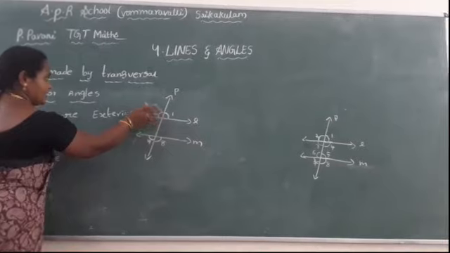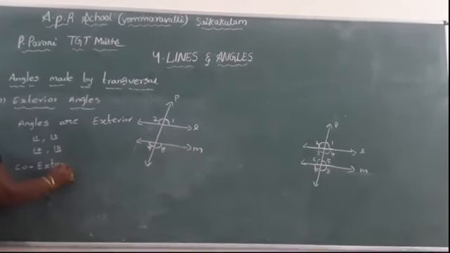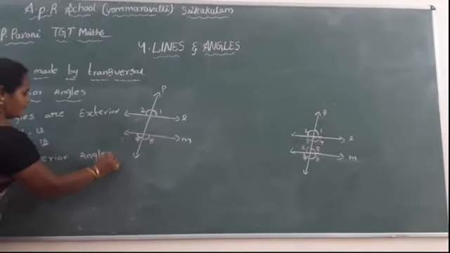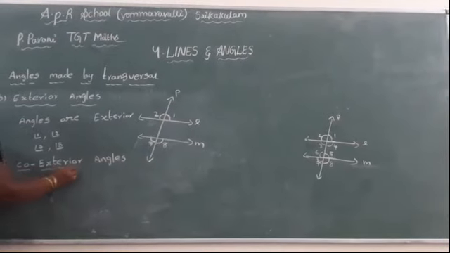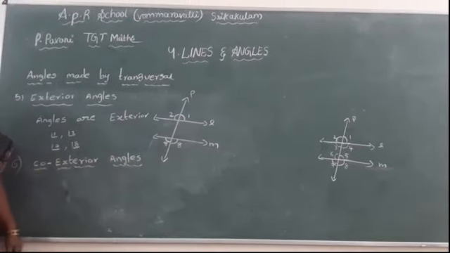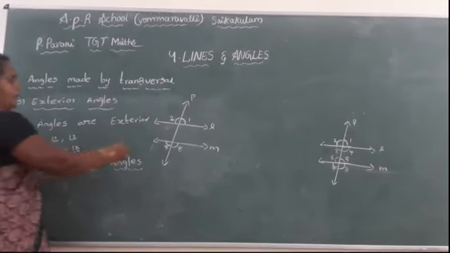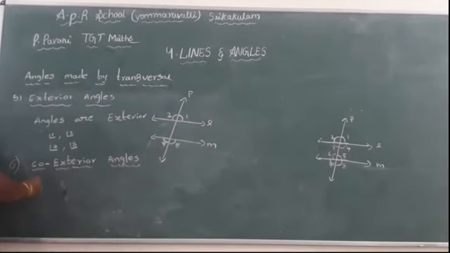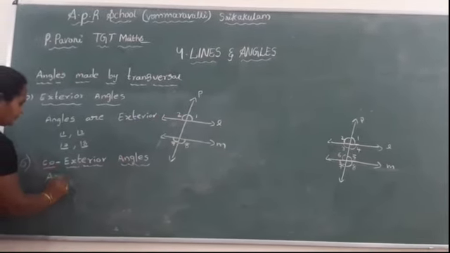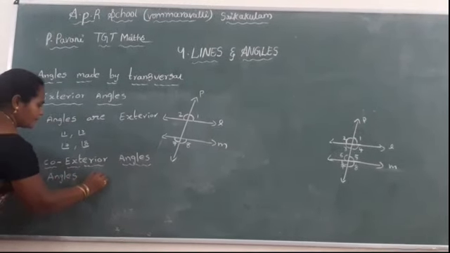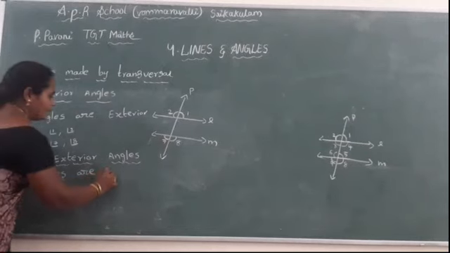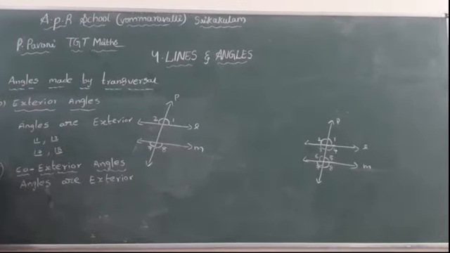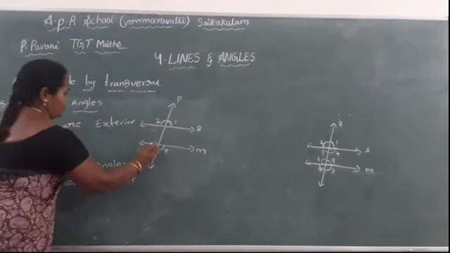Co-exterior angles means the angles are exterior and also on the same side of the transversal.